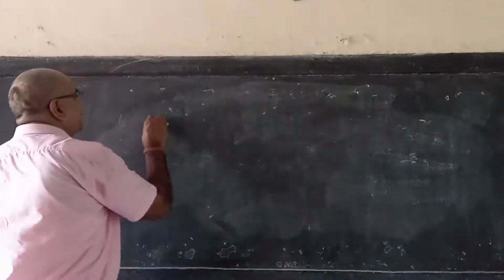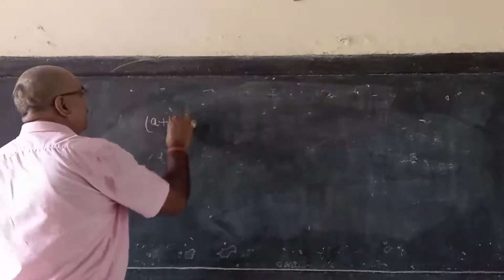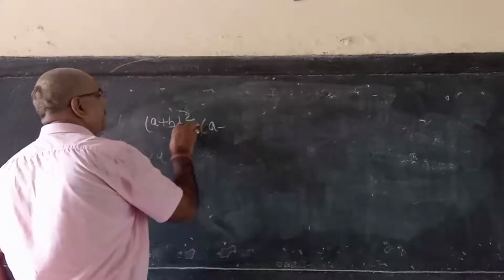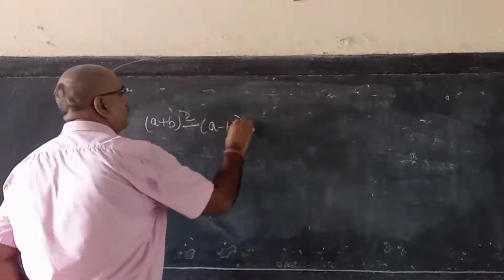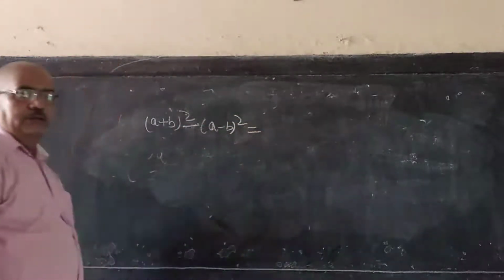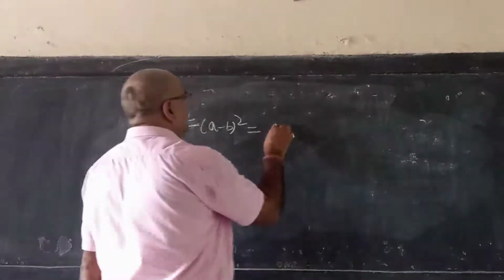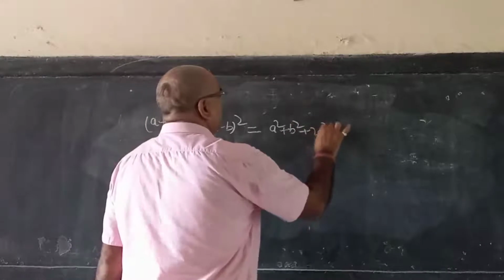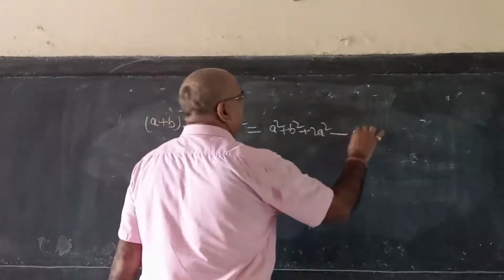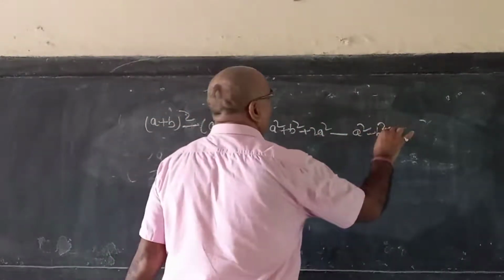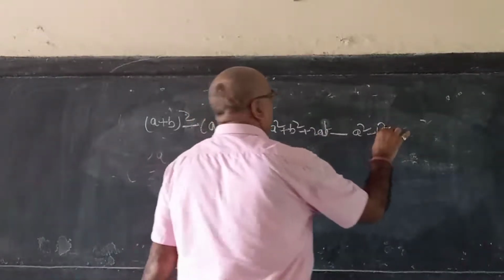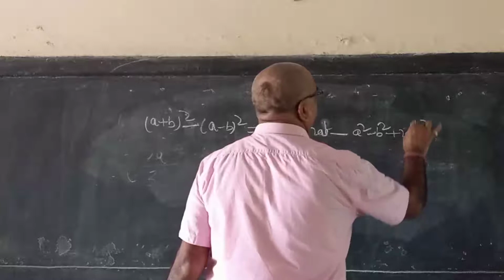Similarly, when we subtract this one, (a plus b) whole square minus (a minus b) whole square, then a square plus b square plus 2ab, and because the minus sign is there, it becomes minus a square minus b square plus 2ab.